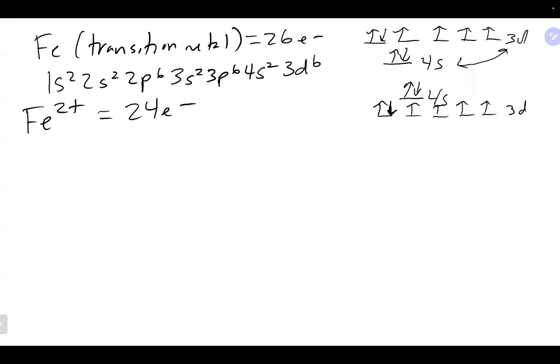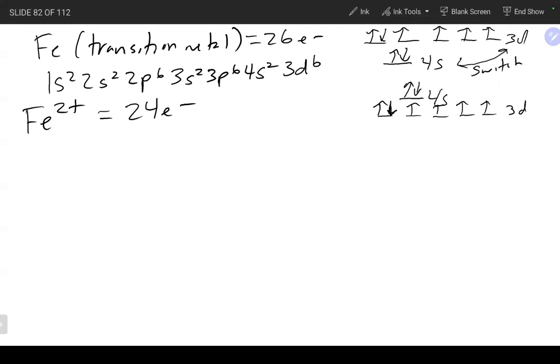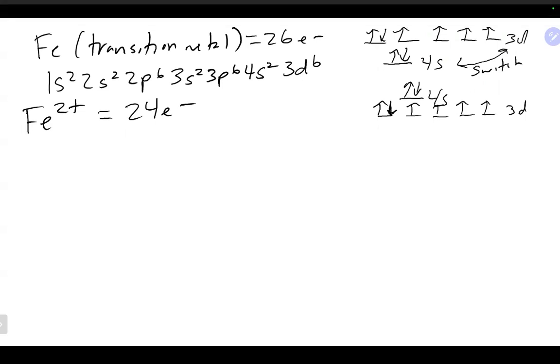It's going to lose 2 electrons. Now, because this switch in energy occurs, things always lose the highest energy electrons first. So when iron goes to lose those 2 electrons, it is going to lose the 4s electrons first.